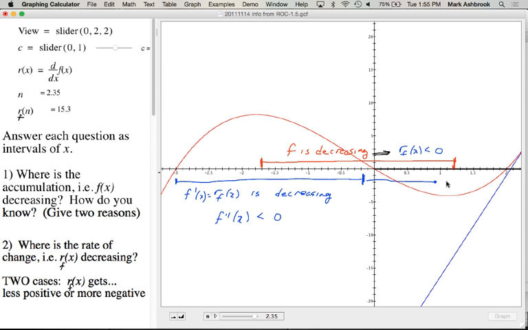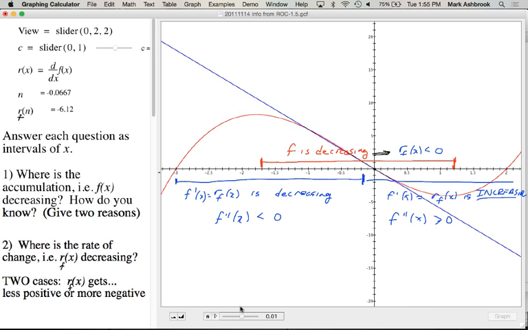Now in this part over here, our first derivative is what? Increasing. All right, and then the second derivative is positive, right? And so how can we talk about the accumulation?